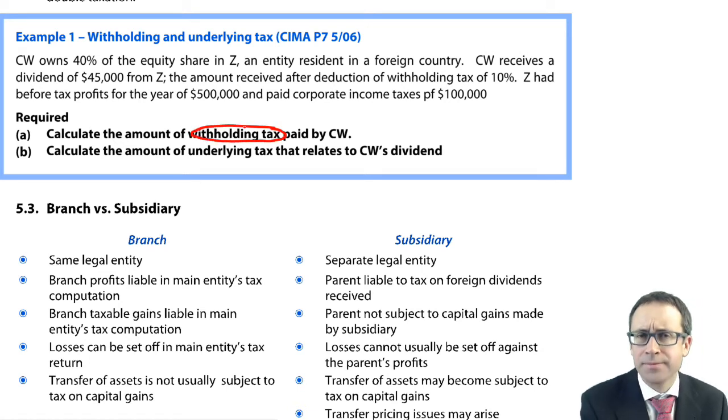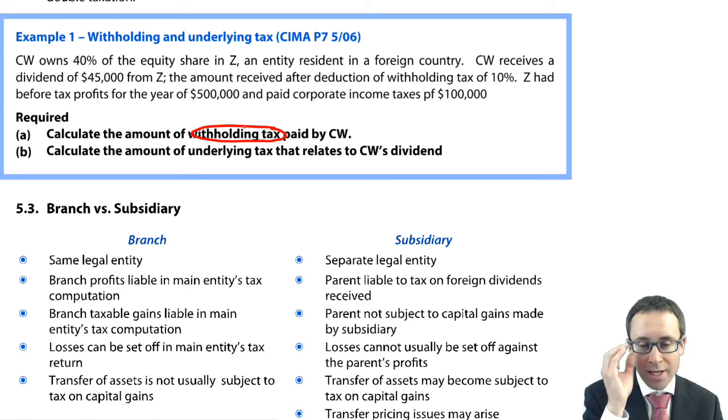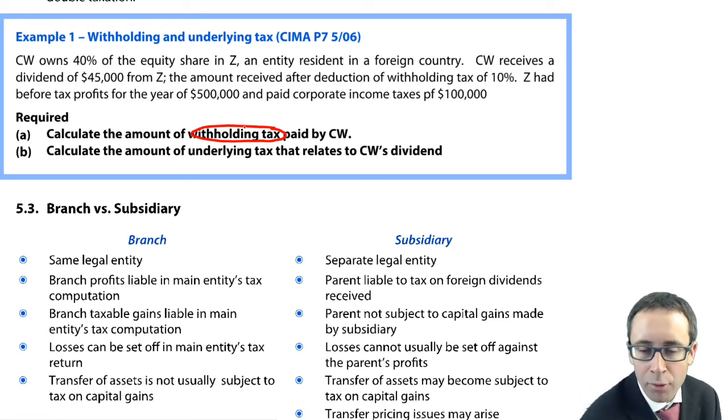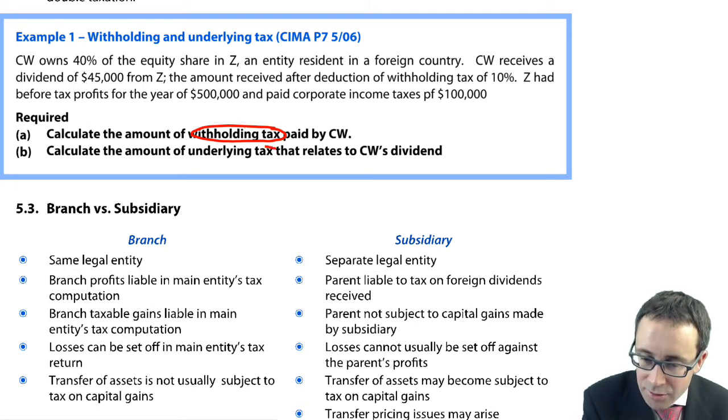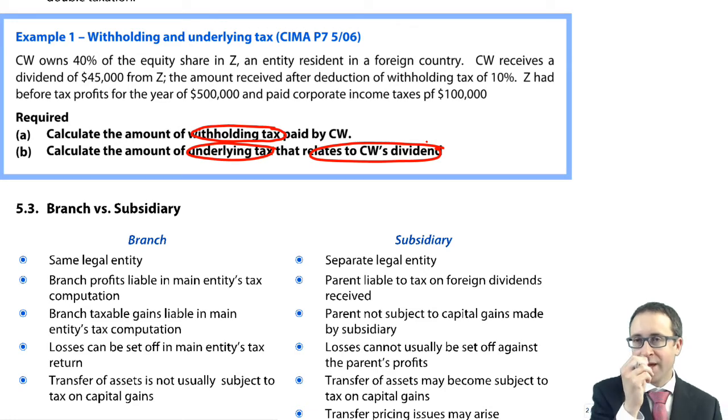So it wants us to work out the amount of withholding tax paid by CW. That's looking at your domestic company. How much tax has it had to pay to receive the dividend? That's the withholding tax, the border tax. Then calculate the amount of underlying tax that relates to CW's dividend.